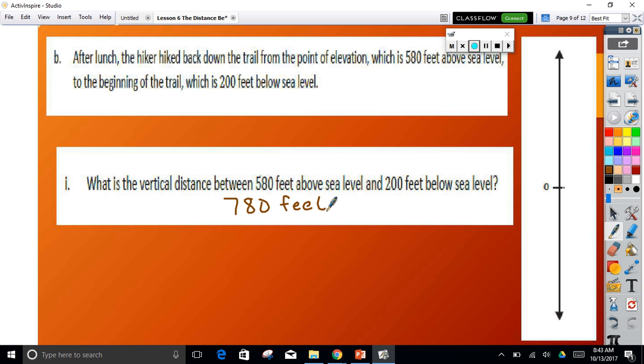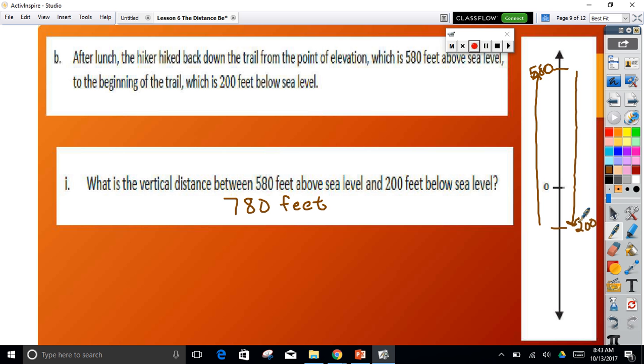But I want to ask you also about change. If we were to talk about the change in elevation, in the first scenario, when he traveled from negative 200 to 580, would that be a positive or negative change? It would be a positive change. But after lunch, when he hiked from the top back down to the bottom, is that a positive or negative change?